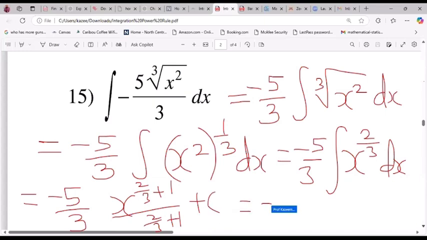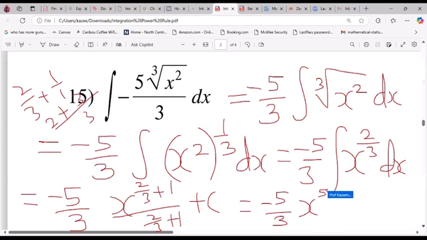If I want to get 2 over 3 plus 1, 1 is 3 over 3, so that's going to be 5 over 3. So it's going to be x to the power 5 over 3 divided by 5 over 3 plus c.